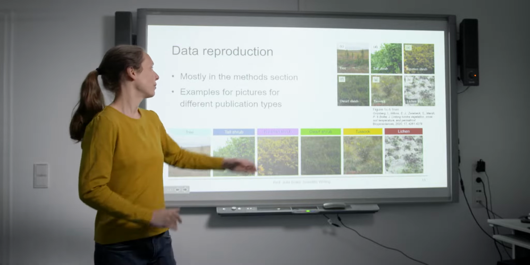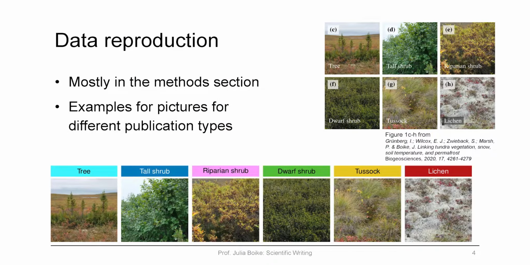type. So this example here is from a scientific paper, and I show the 6 different vegetation types and have these little letters, including which is which one, and referring to in the caption, which I don't show here.